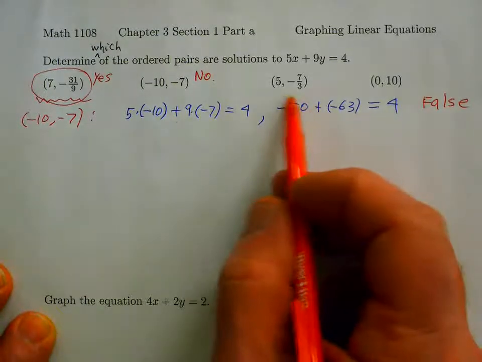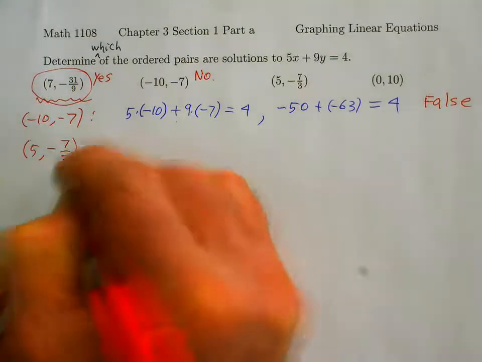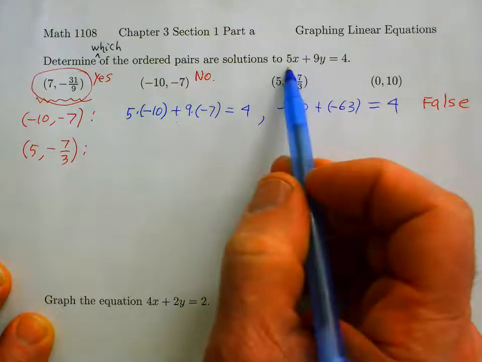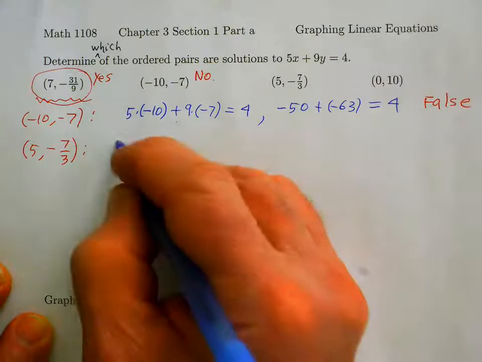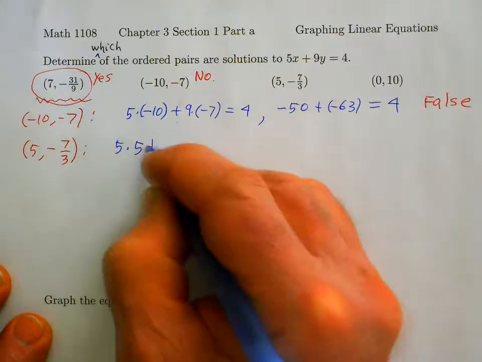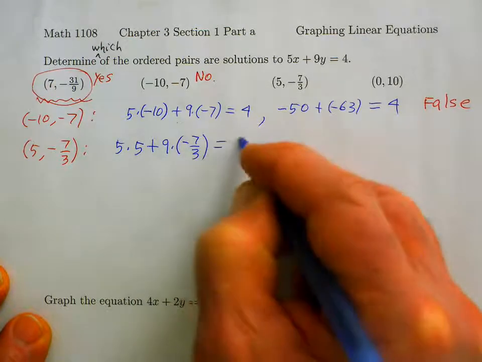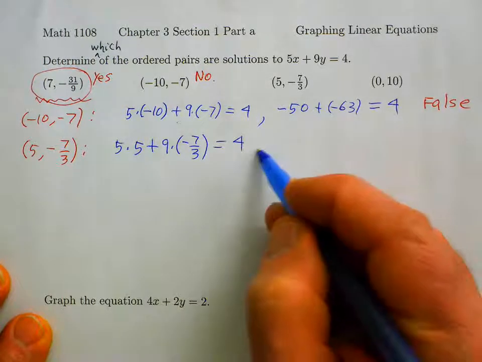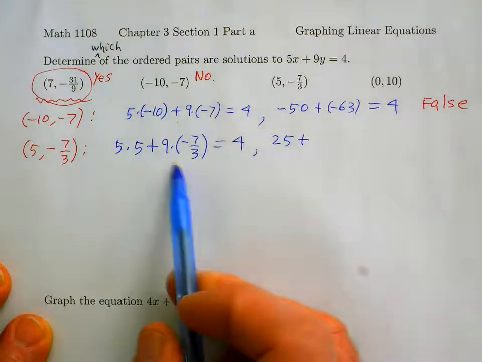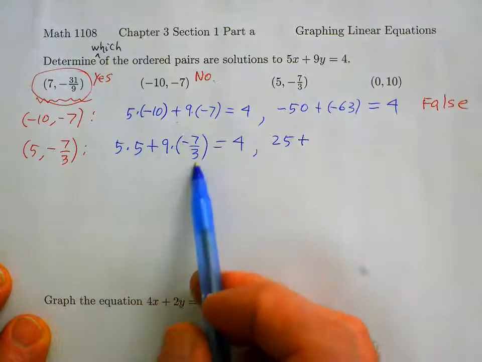Then the next ordered pair, 5 for x and negative 7/3 for y. So in the equation 5x plus 9y equals 4, replace x with 5, so we get 5 times 5, and then plus 9 times negative 7/3, and then do the arithmetic. 5 times 5 is 25, and then plus, well, let's multiply 9 times negative 7/3 the easy way.